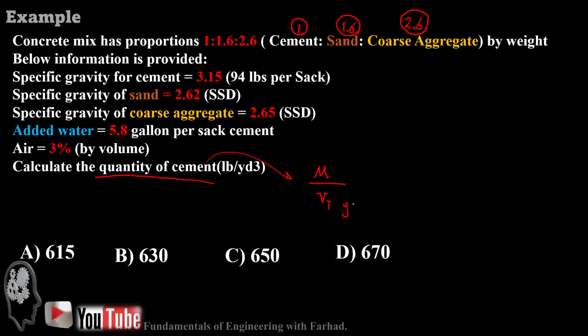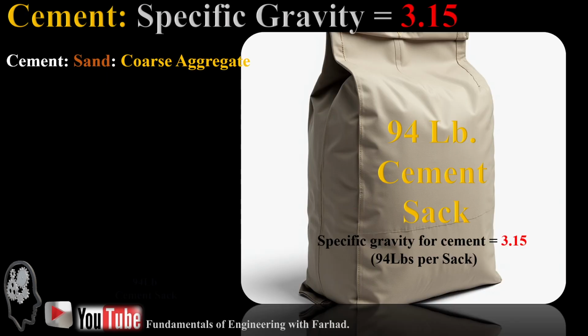So we need to calculate the volume of each of our materials, then add them up to get the total volume, and then we have the mass of cement, which is 94 pounds per sack, and we have one sack of cement, so that's 94 over the total volume, and then our problem is solved.